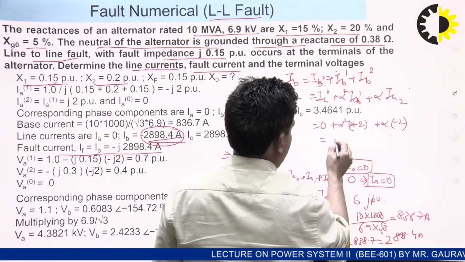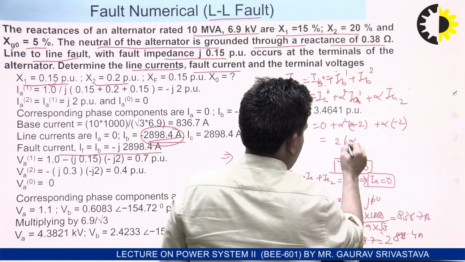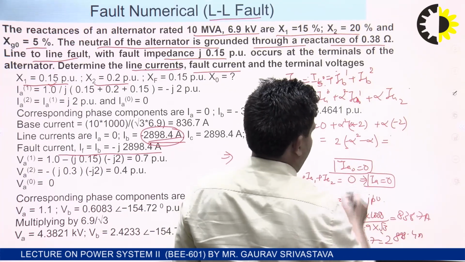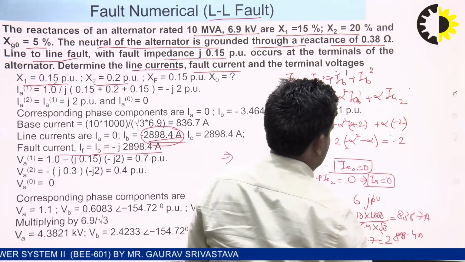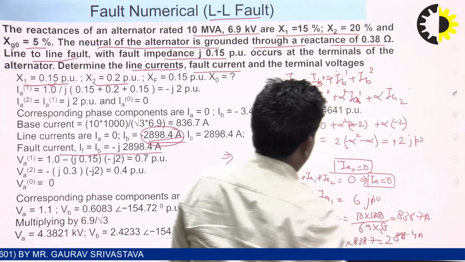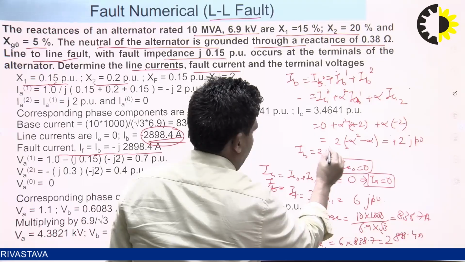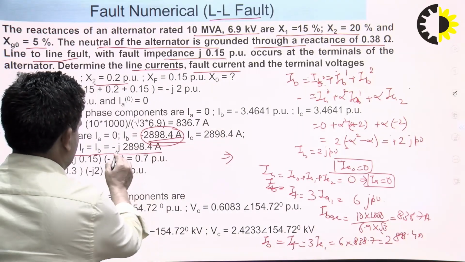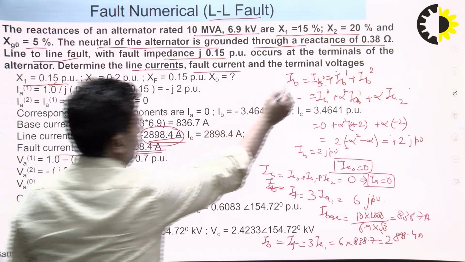So that becomes 2 minus alpha square minus alpha, that becomes plus 2J per unit. So for IB we have found the value 2J per unit. So here the phase value is given, and now we have to find the terminal voltages.